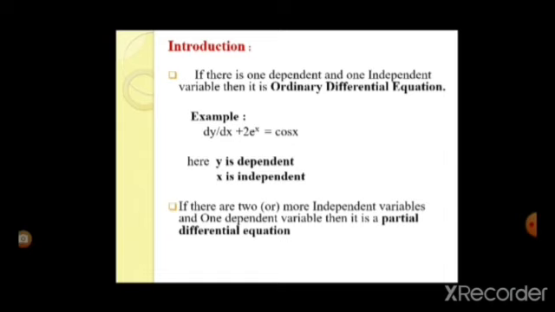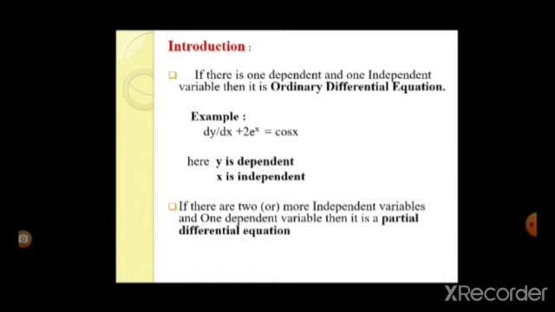So coming to the next one, partial differential equation. It is also a differential equation, but the difference between ordinary and partial differential equation is that in an ordinary differential equation we have one independent variable, but in a partial differential equation we have two or more independent variables.